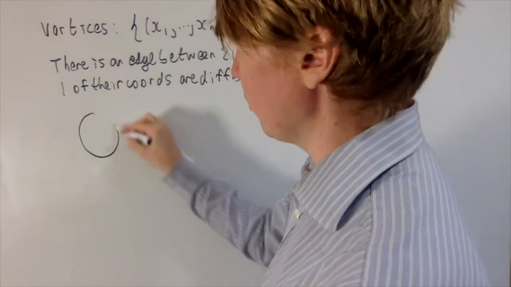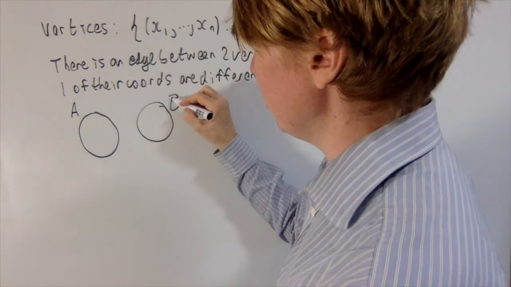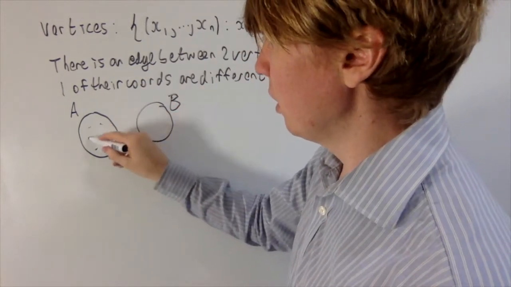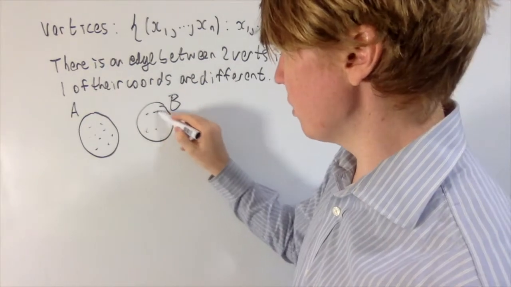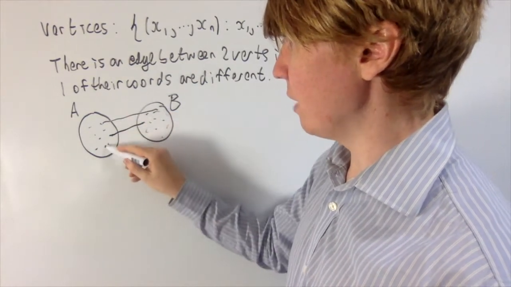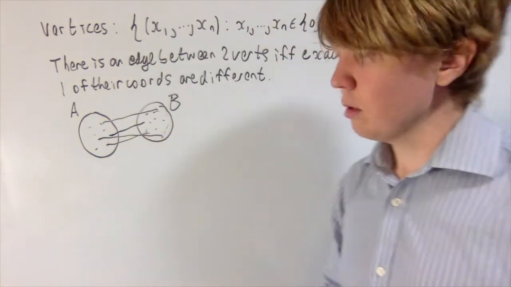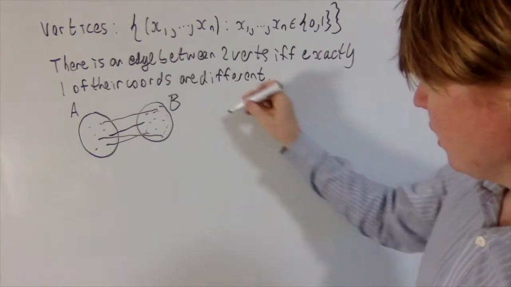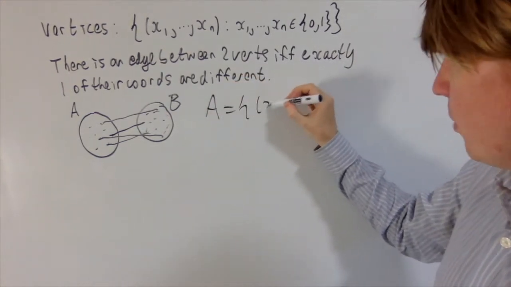And a bipartite graph, this basically means you can partition all of the vertices into two disjoint sets so that there are no edges connecting a pair of vertices in A, there's no edges connecting a pair of vertices in B, but you are allowed to have edges going from A to B. So we came up with a really nice way of partitioning this.